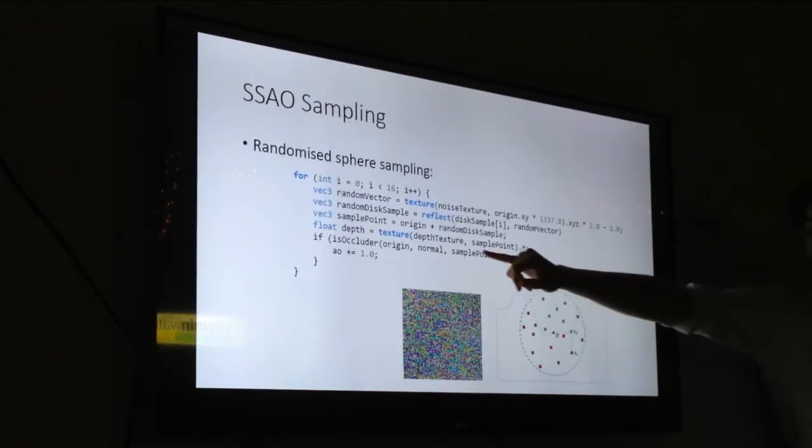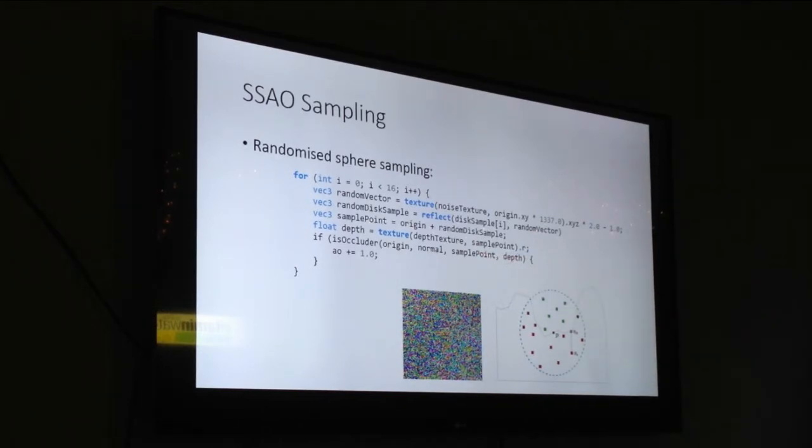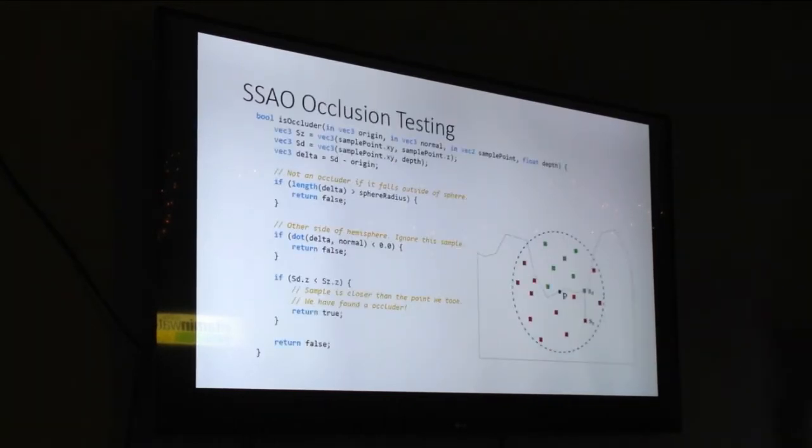Now let's go to this occluder function. This is the meat of the entire talk. Now that we've got our sampling done, given a sample and given our origin point P, we want to classify whether this point is blocking my ambient light or not.